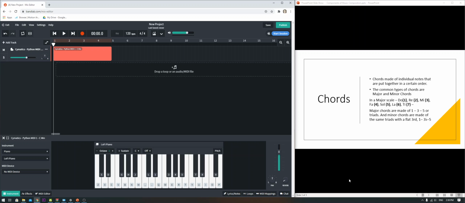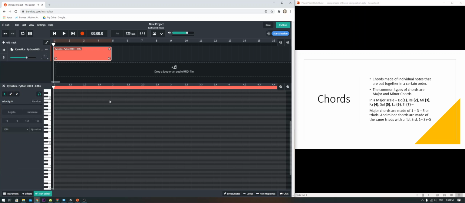Major chords are made of triads, meaning the first, third, and fifth notes of the scale. If I want to make C major, this is C: one, two, three, four, five. One, three, five. So let's just do that. We want to make a C major.